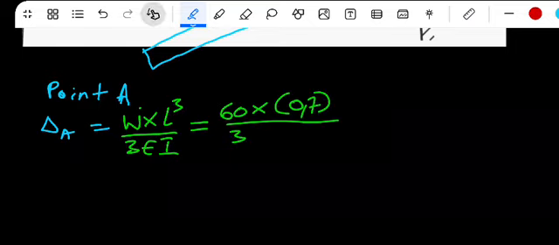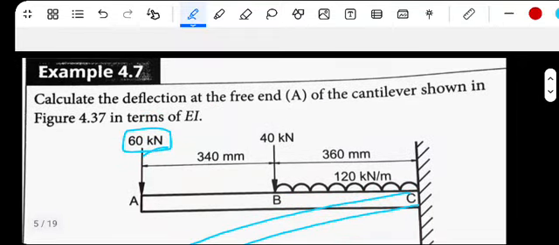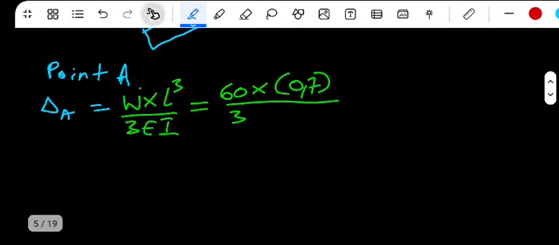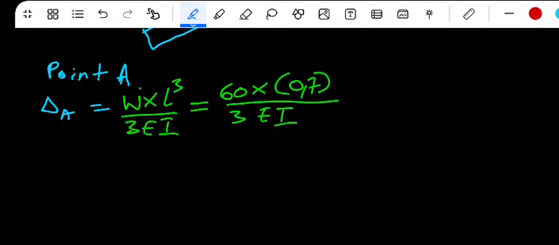Young's modulus of elasticity, we are not given. They said in terms of EI, so you still have to multiply this by EI. That will be our answer in terms of that. All right, but anyway, let us punch this in, only this.